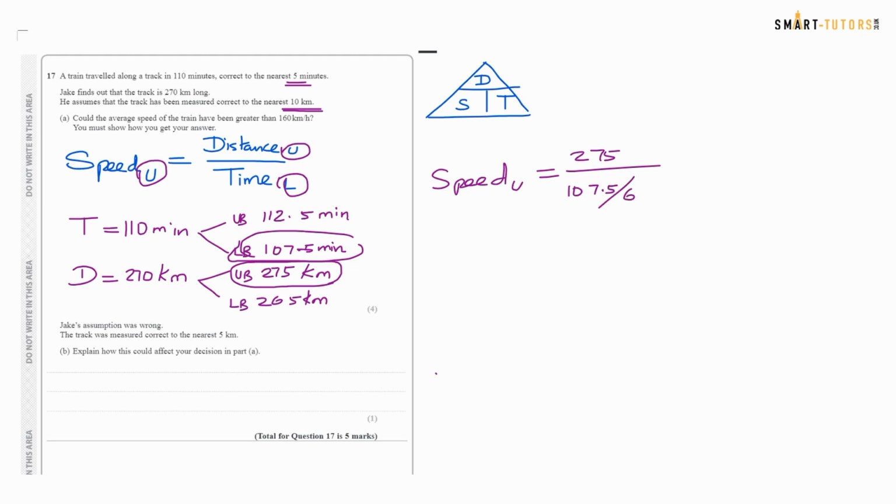equals 275 divided by, careful here, it's in minutes, so 107.5 divided by 60. So you have to put the time in hours.